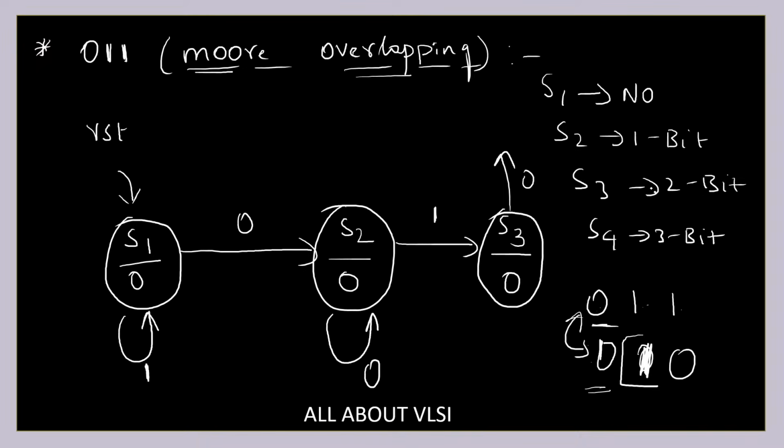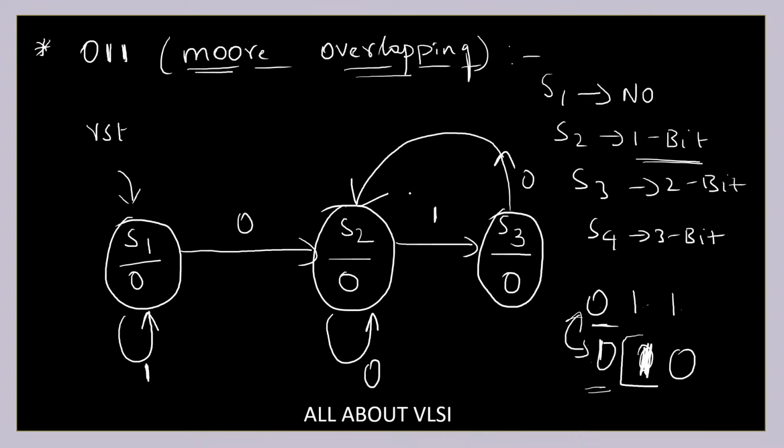Exactly, S2. Why do we need to go to S2? Because the sequence is not getting formed, but you can use this 0 as a starting bit and it is matching with 1 bit. Okay, so I'm going to S2.